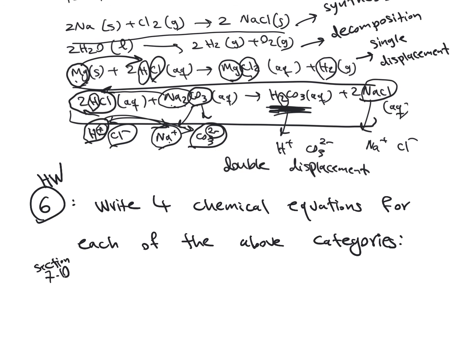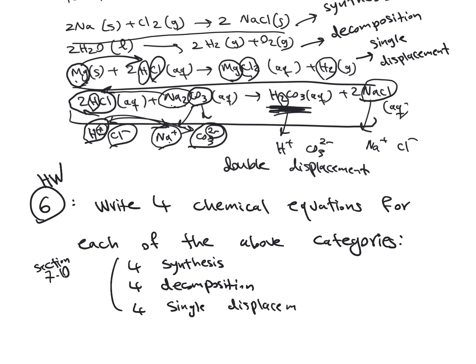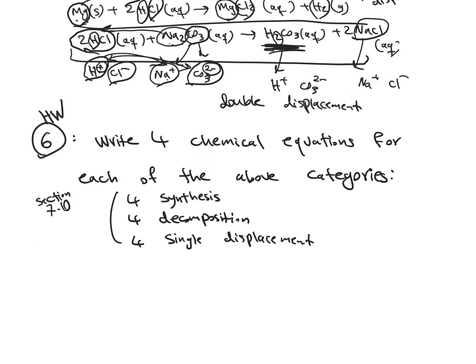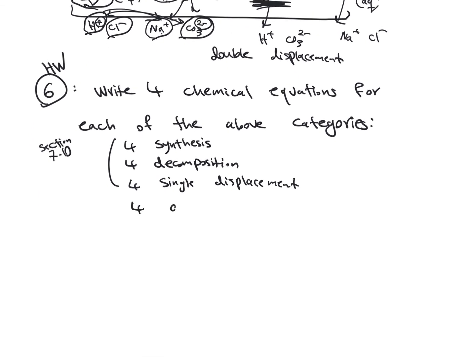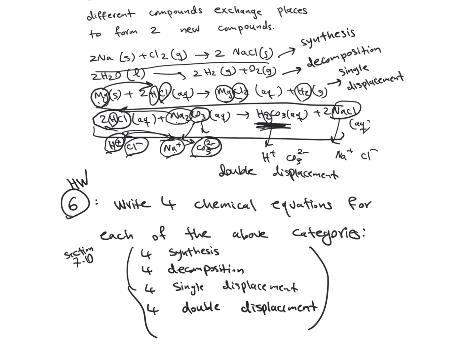So you can just write those from the book. So to be clear, I want you to write for synthesis or combination, for decomposition, for single displacement, and for double displacement.